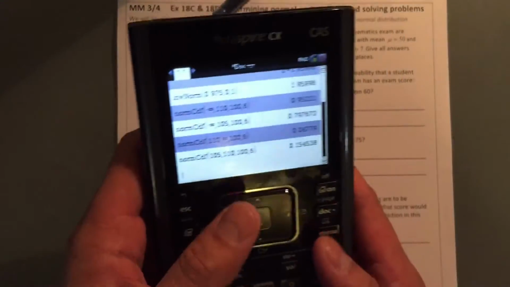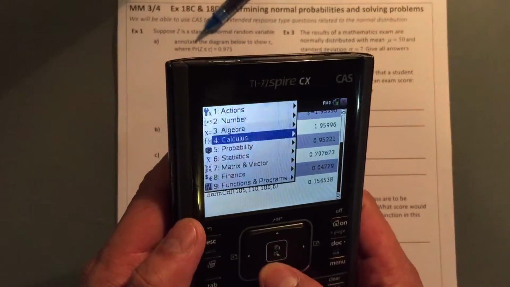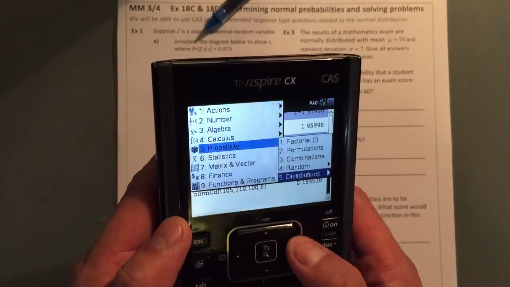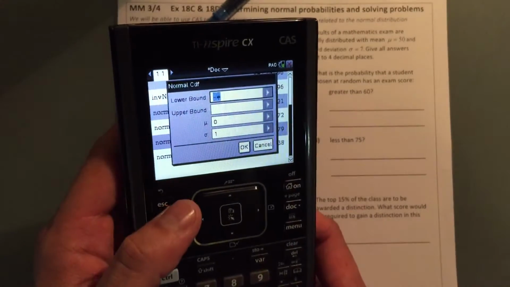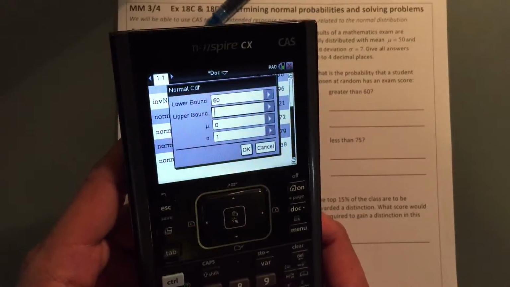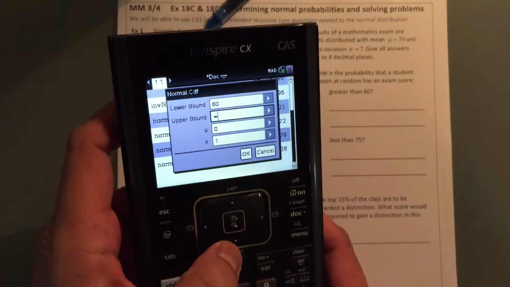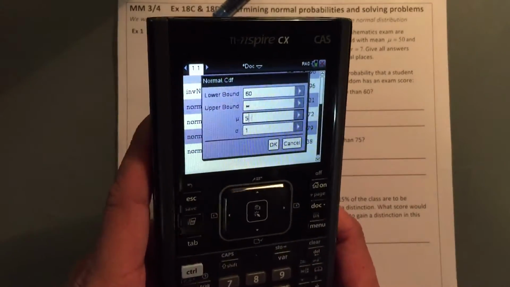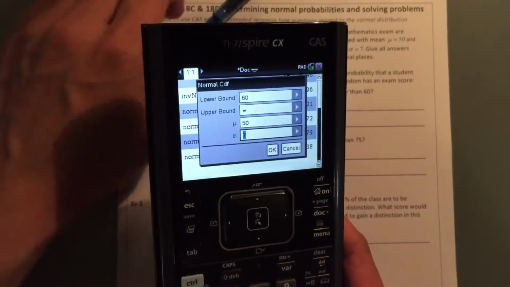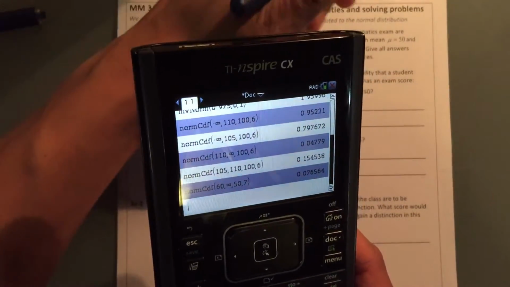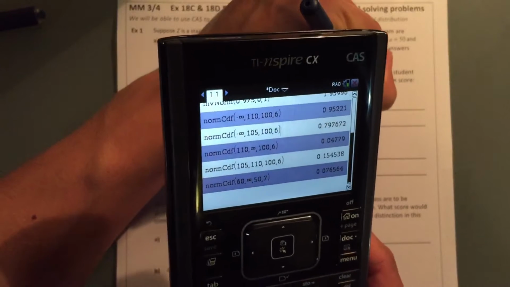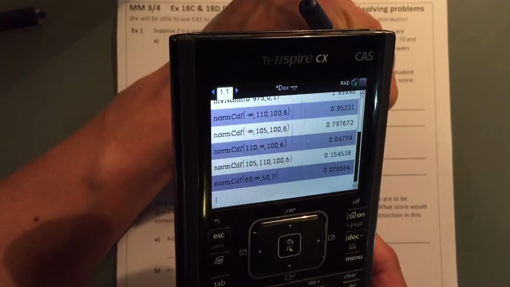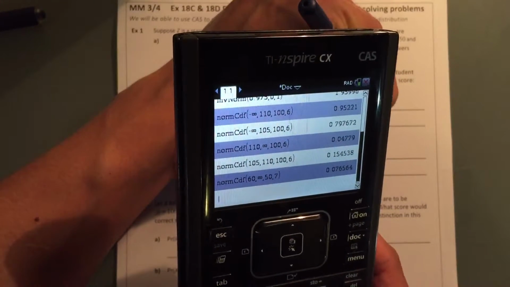It's still going to be norm CDF. I'm going to go to the form this time, just because I'm changing some of my values. So I'm going from 60 to infinity. The mean is 50 with a standard deviation of 7. 0.0766.